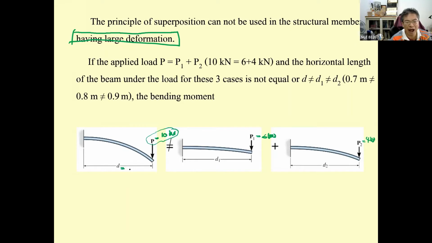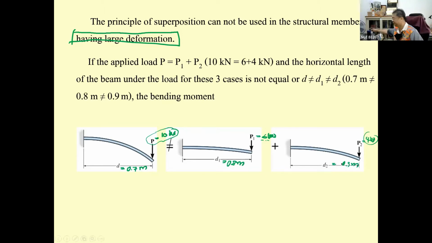If it produces large deformation, it is maybe 0.7 meter. This is a small force, maybe 0.8 meter. And this one, smaller, is going to be 0.9 meter.